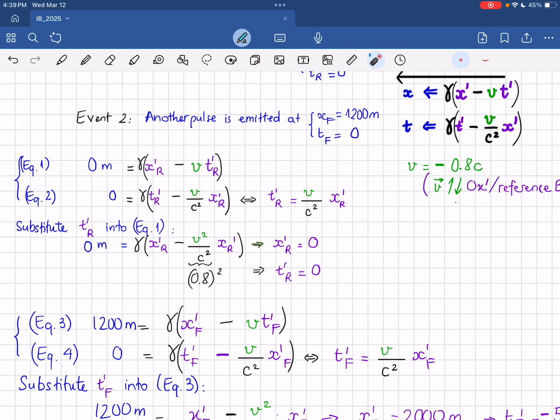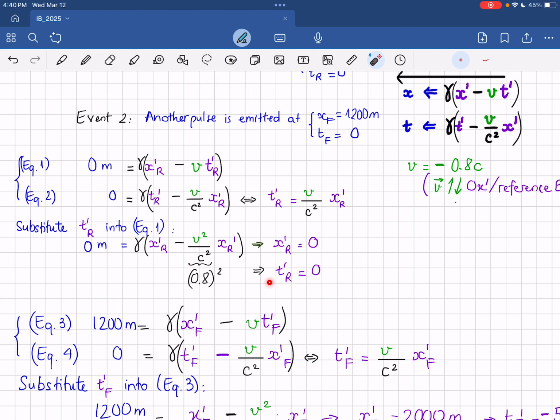I could say that you're kind of familiar with this, right? Basically, I will express tr prime in terms of xr prime, and then plug the whole thing into this one here, into equation 1. Then it just becomes an equation of one variable.